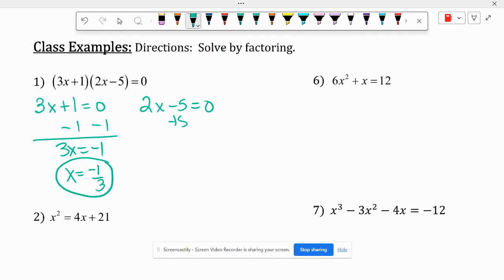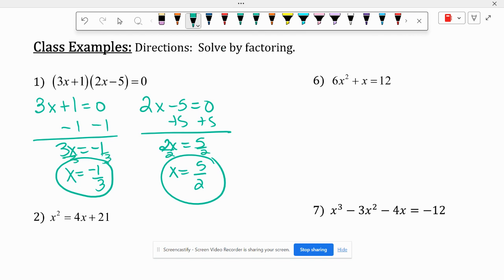Or add 5, 2x equals 5, divide by 2, x equals 5/2. I'm really not showing the divide by 2 or the divide by 3, sorry. I just feel like we could maybe do without those, but okay. Does that make sense? Okay.